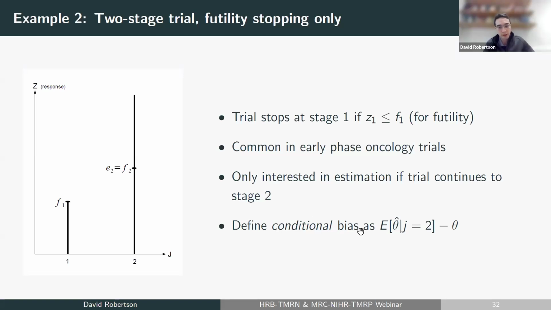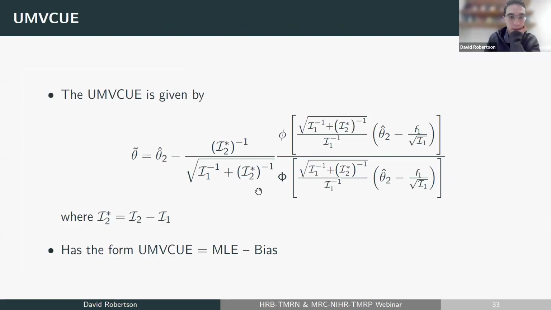So now we're interested in this conditional bias, which is the expected value of our estimator conditional on getting to stage 2, that is, not stopping for futility. I won't go into this equation, but the point is that we can write out this uniformly minimum variance conditional unbiased estimator in a closed form expression, and it has this form that we take the MLE and subtract some bias term from it.